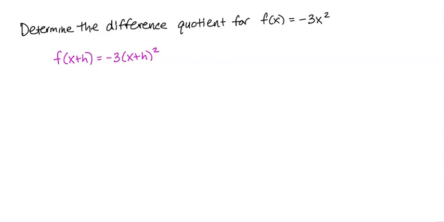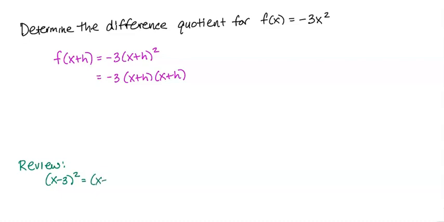Now let's work on the simplifying. So this is the same as negative 3 times x plus h times x plus h. Just as a reminder, anytime you see a binomial squared like that, say you had something like x minus 3 squared, be sure that you're always squaring the entire binomial.